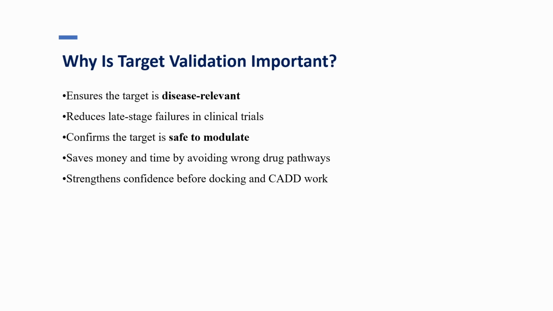Why is it very much important? Because it ensures the target is relevant. It reduces late-stage failure in clinical trials, because we are doing the target validation virtually. When it passes the virtual process, we go for clinical trial phase 1 to 3.